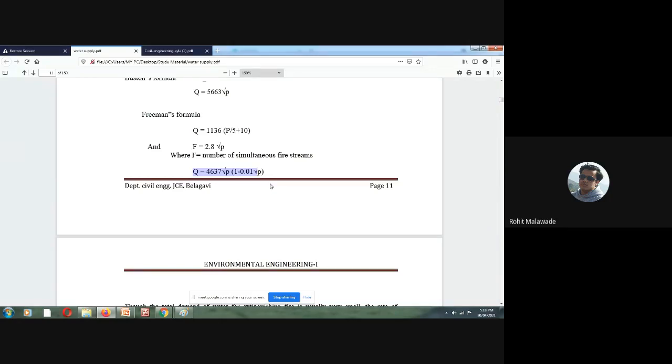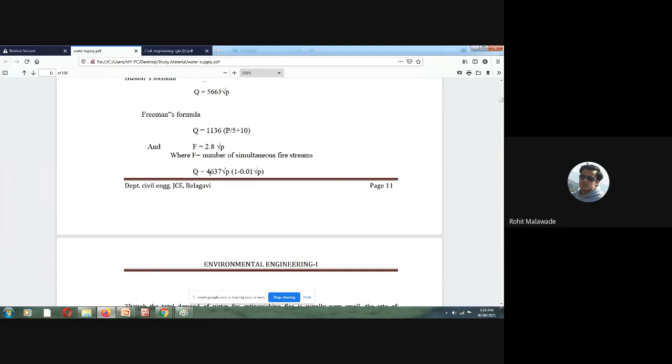This will normally be asked. According to the National Board of Fire Underwriters formula, the quantity of water required is 4637 square root P into 1 minus 0.01 square root P. So this is the Underwriters formula.